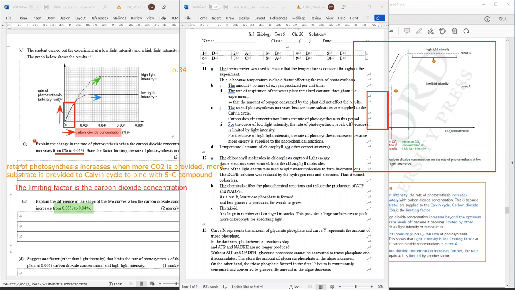Because in low light intensity, that is in the blue curve, at low light intensity level, light intensity is the limiting factor.